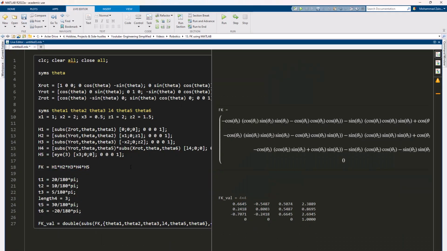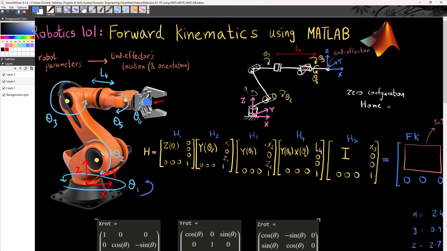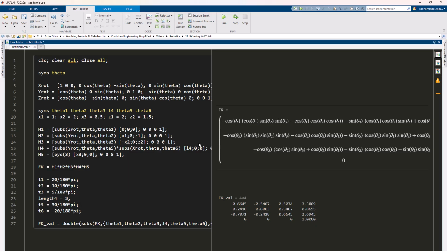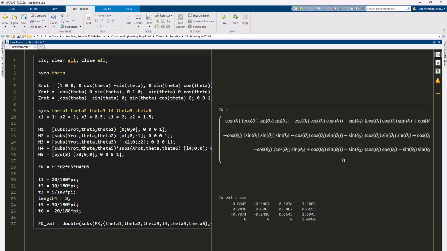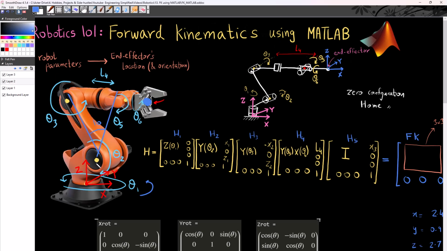Now theta 2 was 10 degrees, so positive 10 degrees would make this come here. And then my theta 3 was 5 degrees, so instead of being horizontal it would come here, so this would be my 5 degrees.